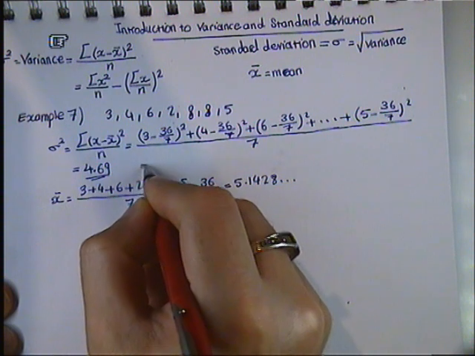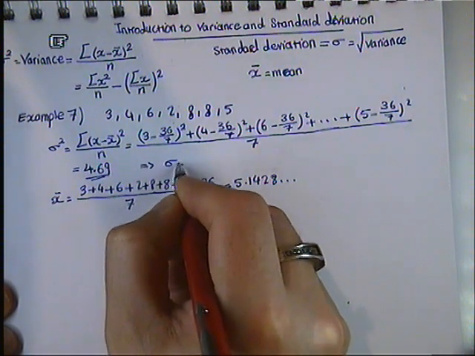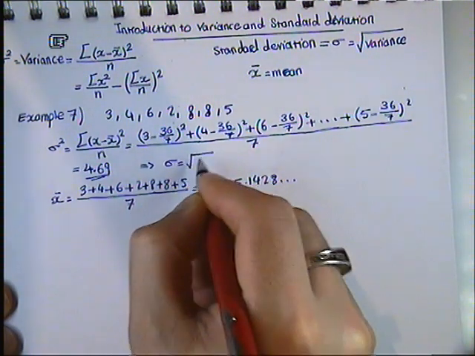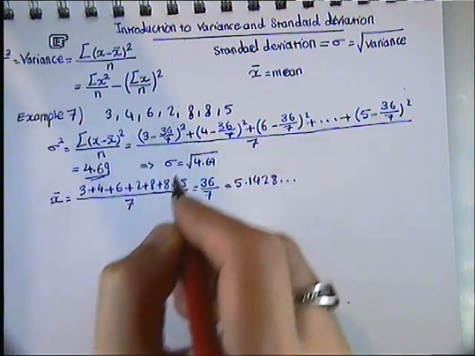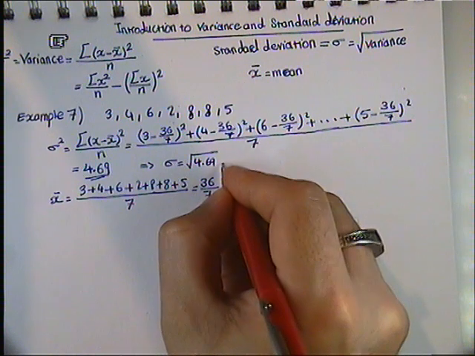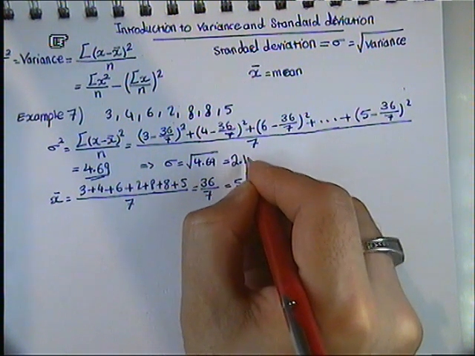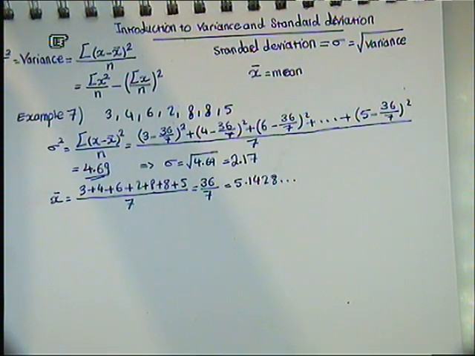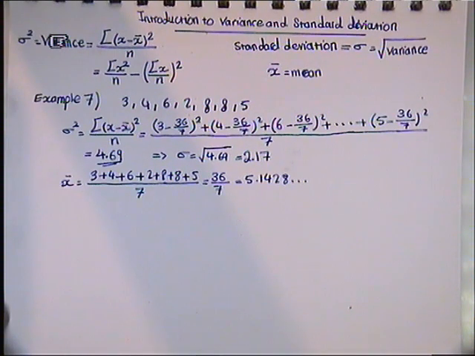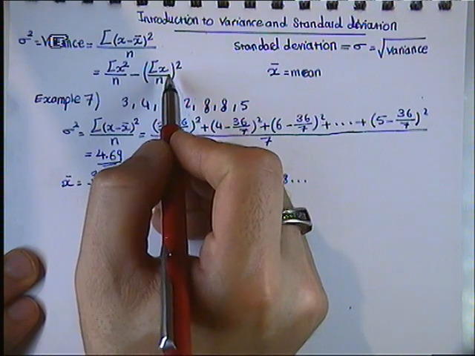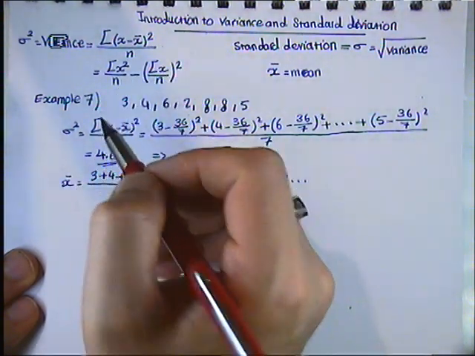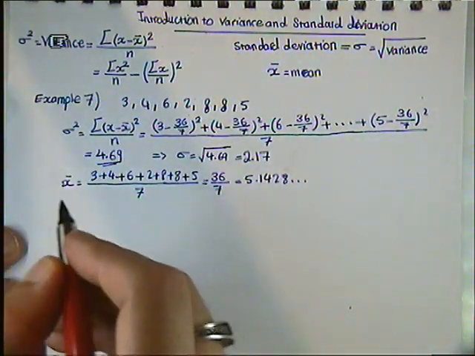Standard deviation, therefore sigma, would be equal to the square root of 4.69, which is 2.17. Okay, so here we use the first formula. Let's use the second formula. We must get exactly the same thing.